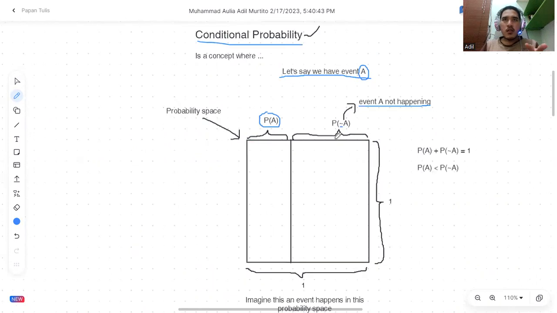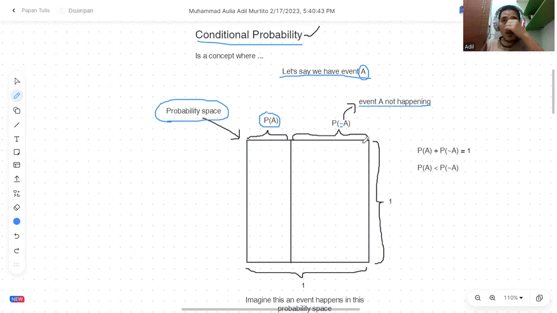Actually, firstly, we can make a square like so, that tells the probability space of event A. This is a space where event A could happen, and this is the space where event A doesn't happen.